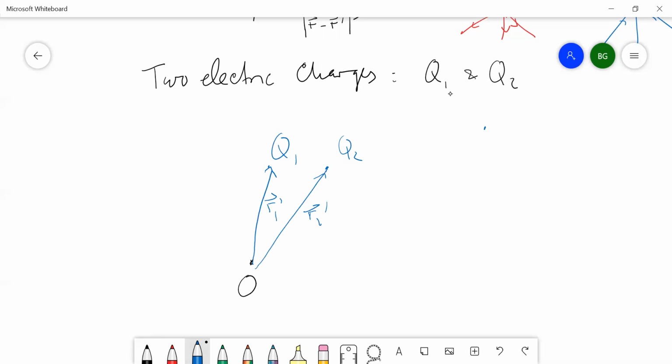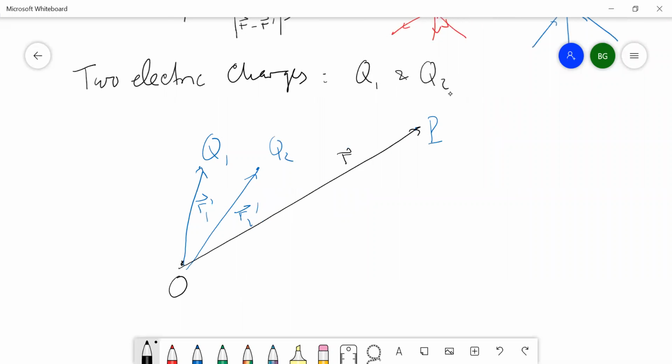Let's say this is P, and this is R. Then the electric field E here is the sum of the electric field from Q1 and from Q2.